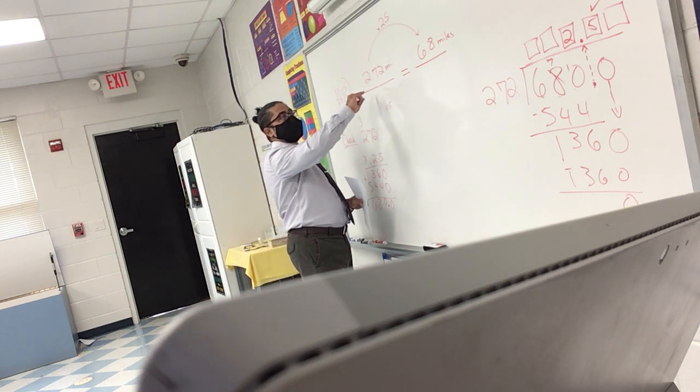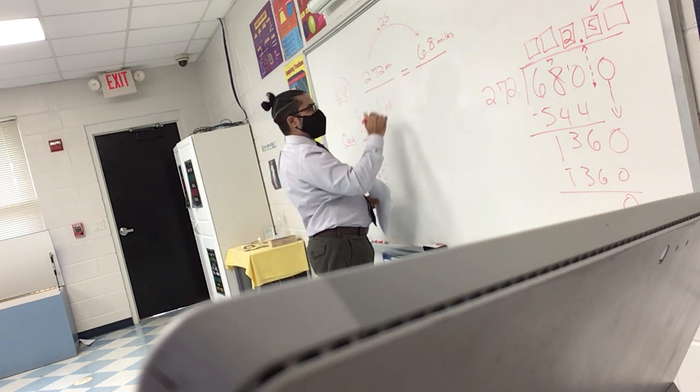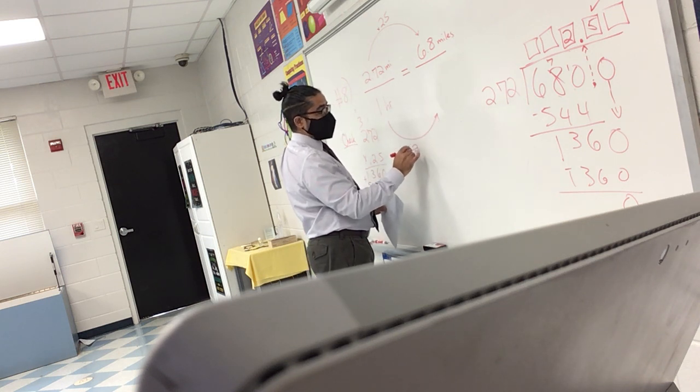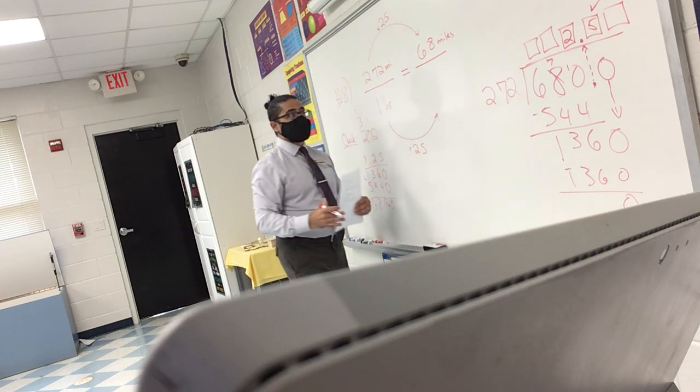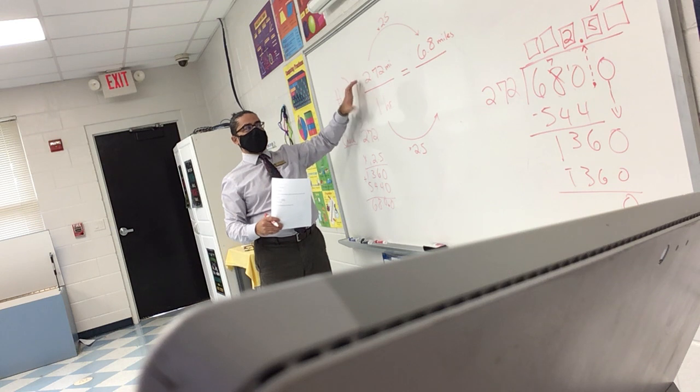If I'm multiplying my number of miles times 2.5, I have to multiply my number of hours times 2.5. Because, guys, this is a relationship between distance and time.